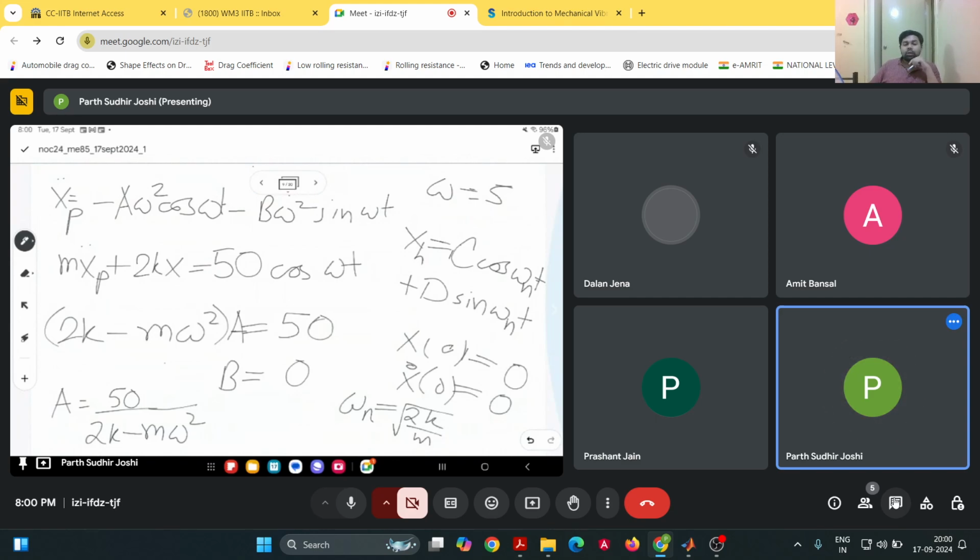So the solution will be the same as the particular one for this case.